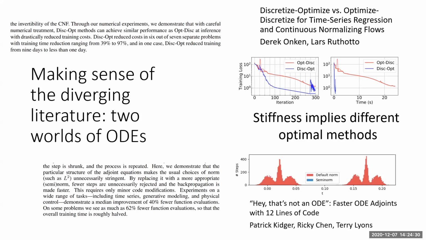And really what's going on in the literature is identifying that in some cases there's a lot of stiffness inherent in the equations, or a lot of ill conditioning in the adjoint equations. And whether you have this ill conditioning makes a complete difference in the method you have to use to calculate this derivative.